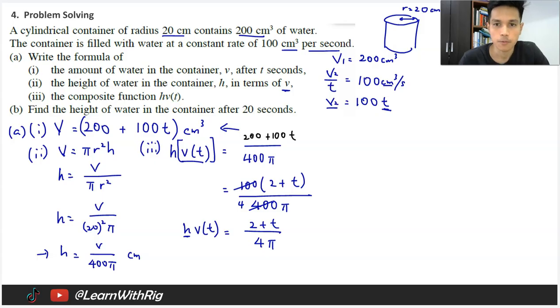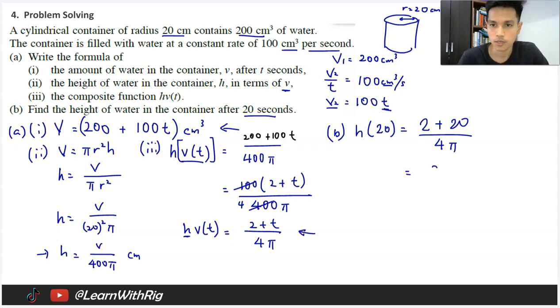Okay, now b, find the height of water in the container after 20 seconds. They gave you the time, they want you to find the height. So I said this is now h(t), right? Because it's in terms of time. The time they gave you is 20 seconds. So h(20) equals 2 plus 20 over 4 pi, using this equation.